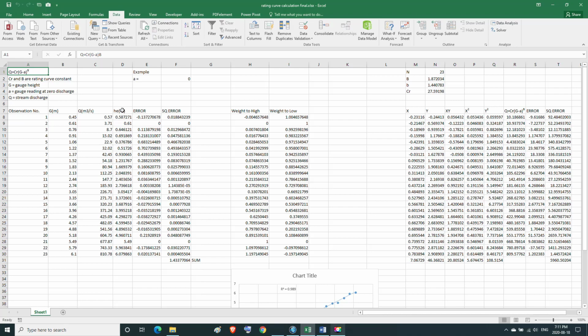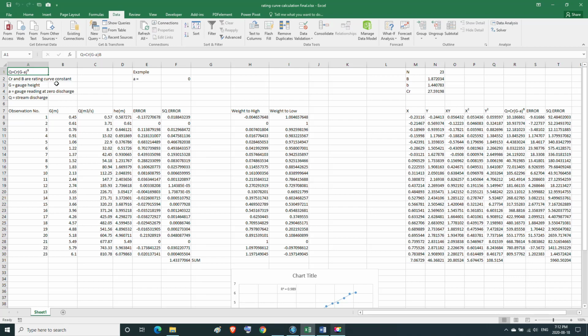By that, we have finished estimating the stage discharge relationship by solver in Excel with the minimum square error, or square difference, for the discharge, through the availability of data on the river discharge values and only two values for the rise in the water level in the metric station on the river, or gauge height.